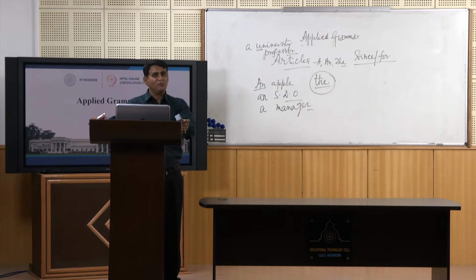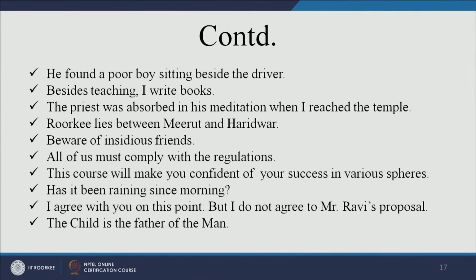All of us must comply with the regulation, not to the regulation. This course will make you confident of your success in various spheres. Likewise you can see, a good grammar book will give you all these prepositions, which if you find you have time enough, you can remember them and use them effectively.